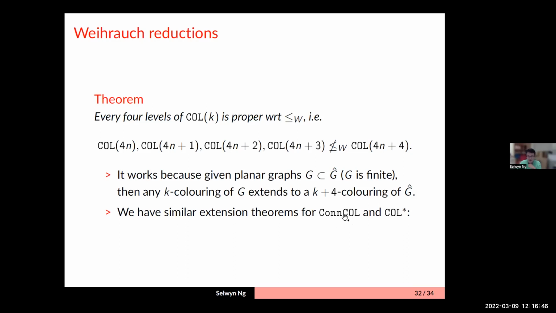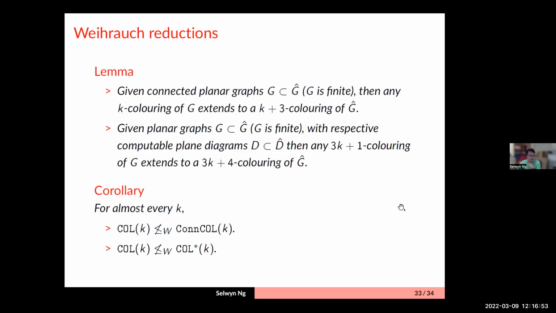And you can also have similar extensions for the connected coloring theorem and the star version of the coloring theorem, except that for the connected version, because when the graph is connected that restricts the kind of coloring that you have, we can have 3 here instead of 4. And for the star version, you will need to adjust the parameters slightly.